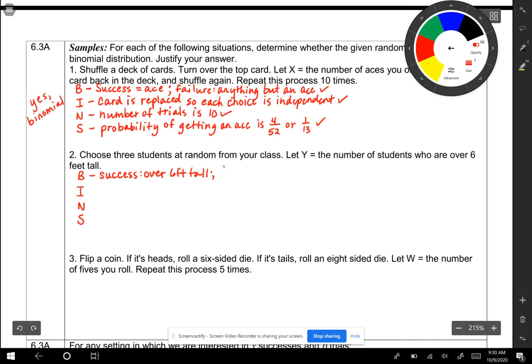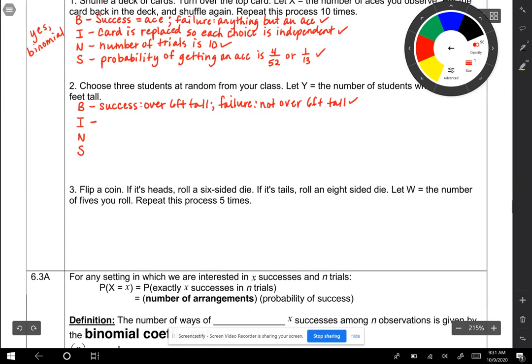Failure, not over 6 feet tall. I notice you choose the 3 students at random, but it doesn't say anything about replacing the students back. So the same person can't be selected again. So there's no replacement.